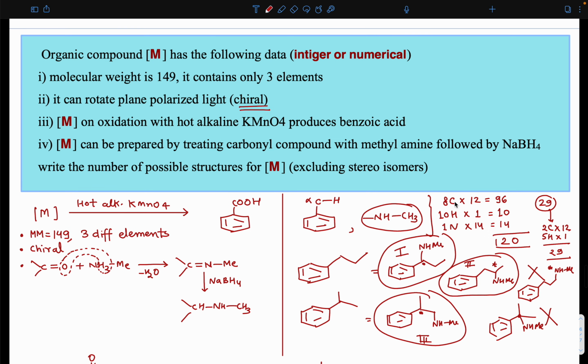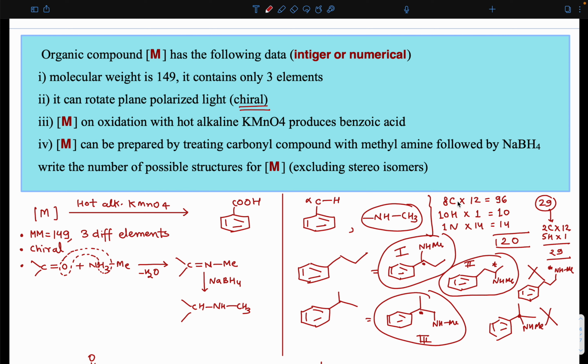I think everyone got this problem. This problem is very good because from those four clues, we need to get the idea of how to write the structure of compound M. When this type of problem comes in an exam, your raw brain is actually required. How many problems you have solved previously, and how much data you have stored in your mind, all that is not required.